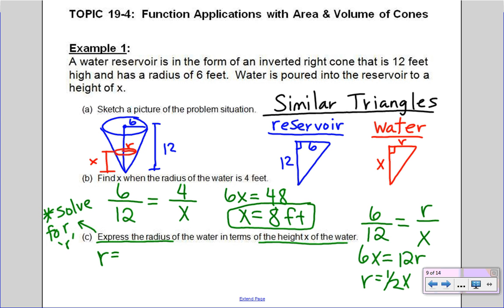If it said express the height in terms of the radius, then that would be x equals 2r, because we know the height is twice as much as the radius. So the radius is always half of the height, and that is the expression for the radius in terms of the height x of the water.